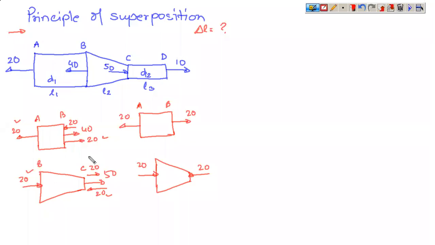सर एबी में 40 का डायरेक्शन. Yes. AB में 40 का डायरेक्शन गलत है. So this is 40. ठीक.